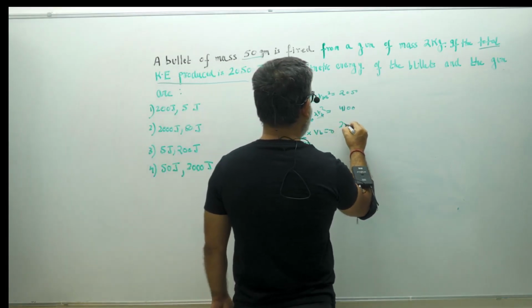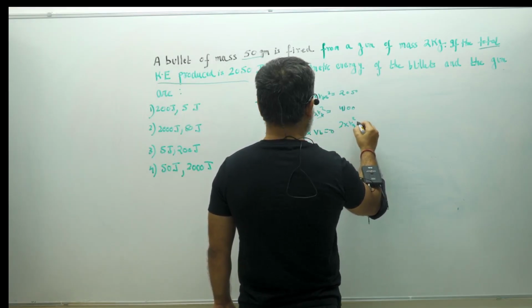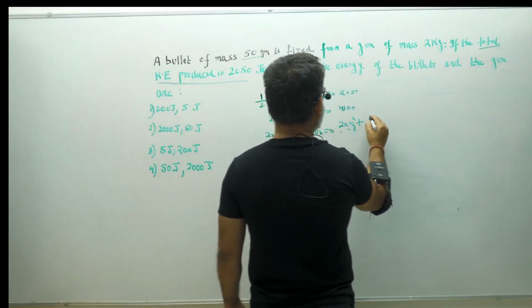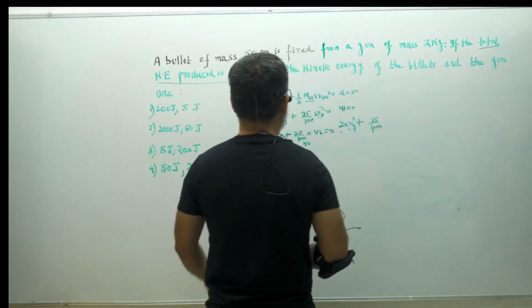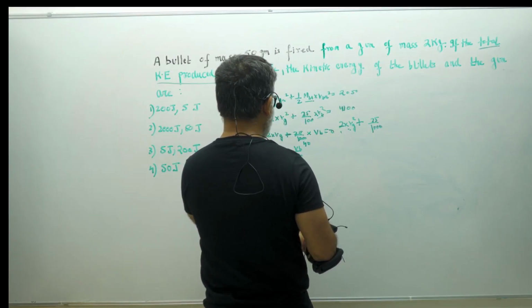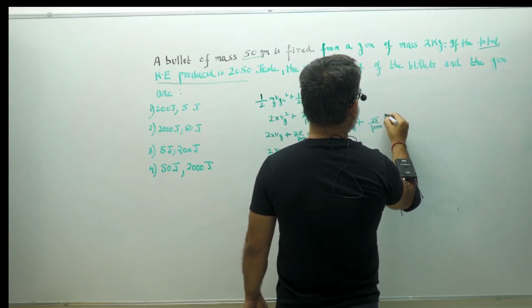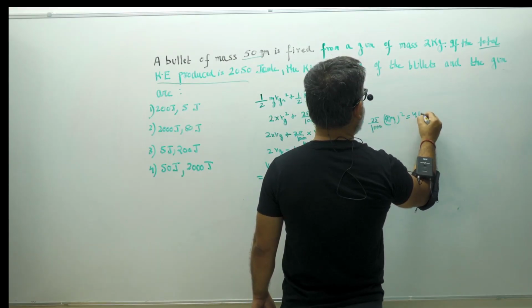I will get 2 into Vg square plus, okay, 2Vg square plus 25 by 1000 Vb, I am going to write it as 80 Vg square. This is 80 Vg square is equal to 4100.